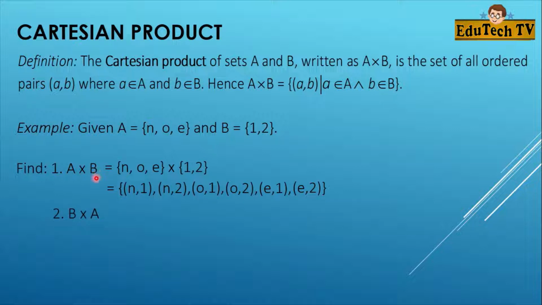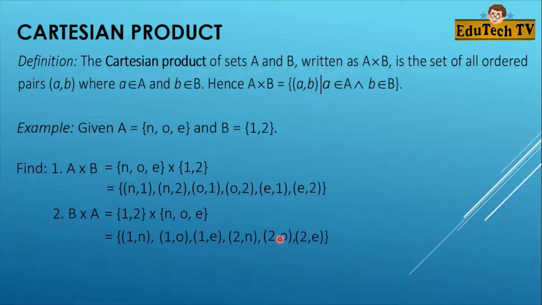Next, how about if we're going to interchange the position of these two sets, B times A? So again, we have to write the elements of B times elements of A. Then multiply 1 and N, 1 and O, 1 and E. Next, proceed to 2: 2N, 2O, then 2E.